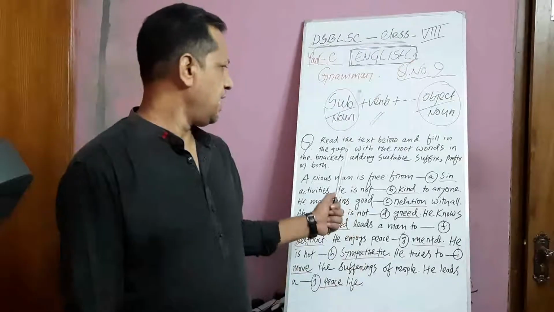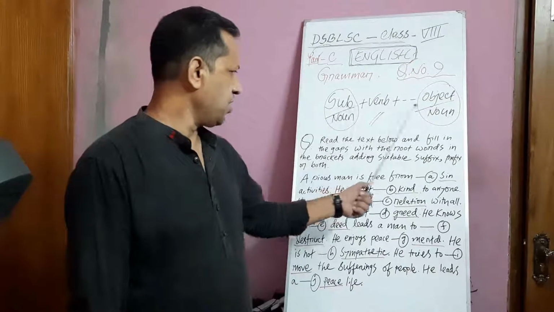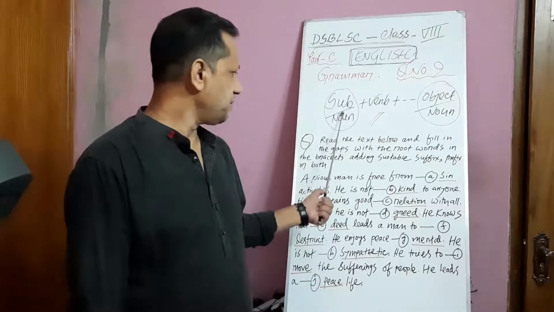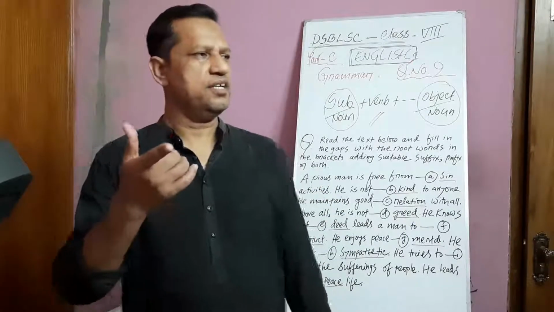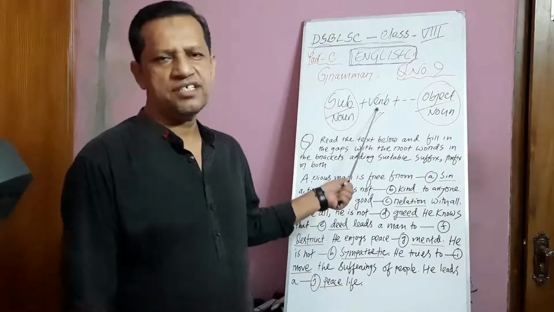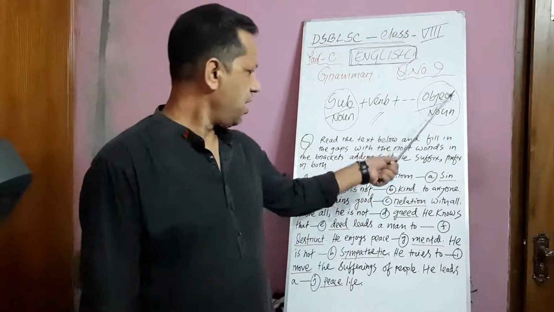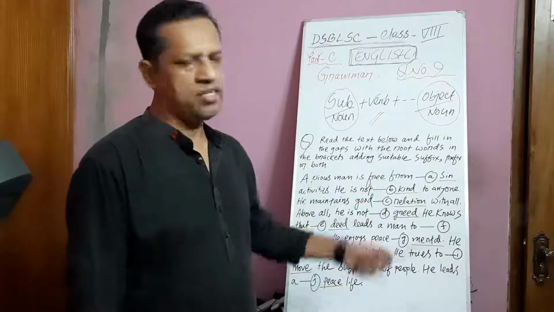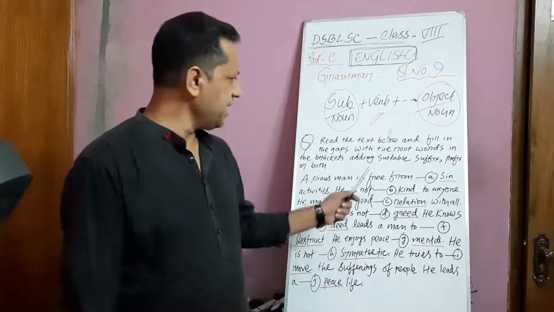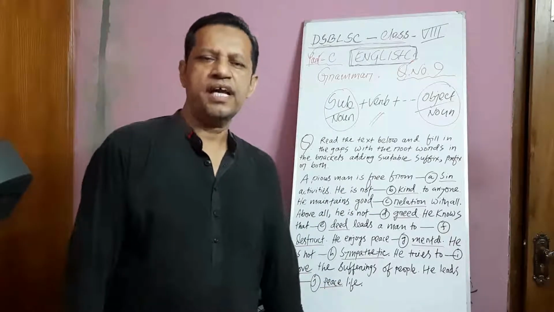You all know that a sentence must have a verb, subject and also object. Subject is the doer of the action, a noun, and after the subject there is the verb, and at the last part you have the object, which is also a noun. And in the middle, after the verb, you may have an adjective or adverb.